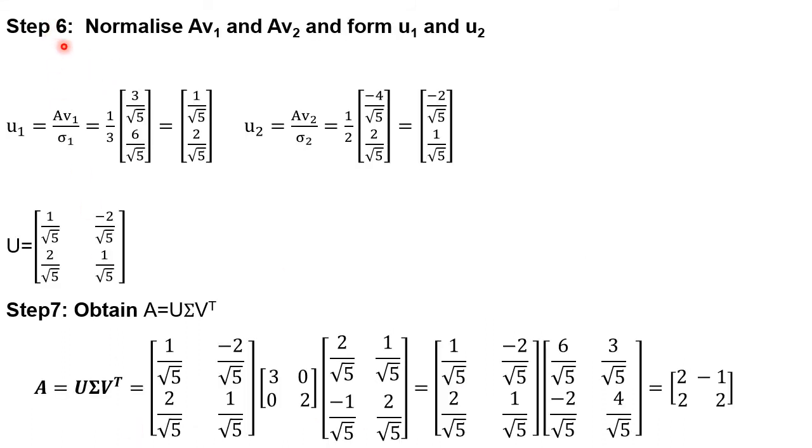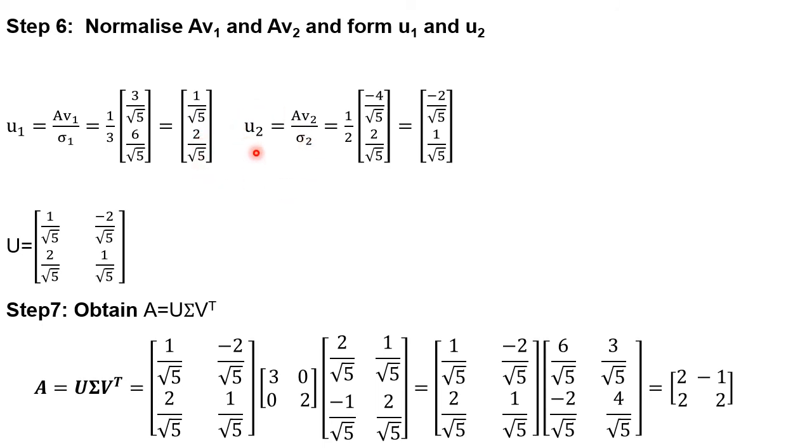Next step is to normalize AV1 and AV2 and form U1 and U2. This can be done using the formula U1 equal to AV1 by sigma 1, and sigma 1 we have got as 3. So 1 by 3 AV1, we get [1 by root 5, 2 divided by root 5].